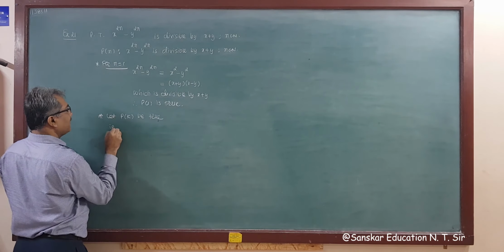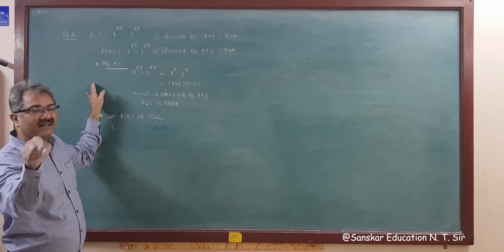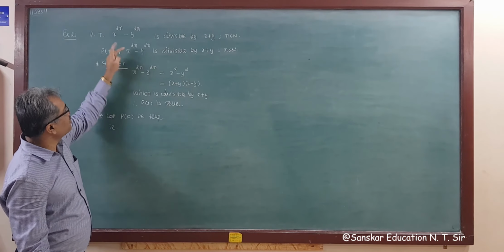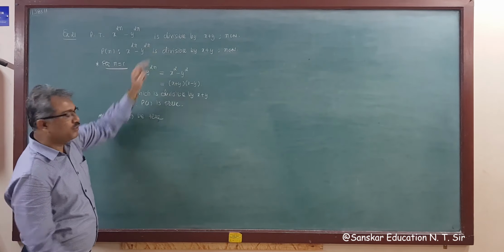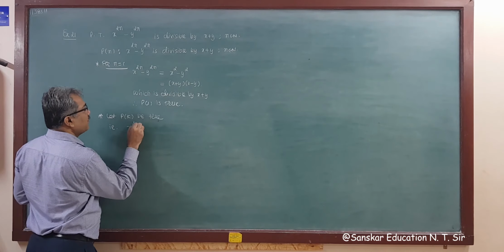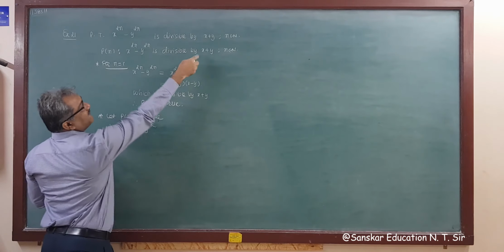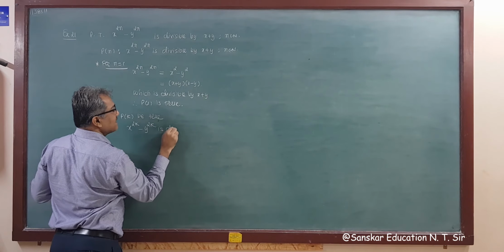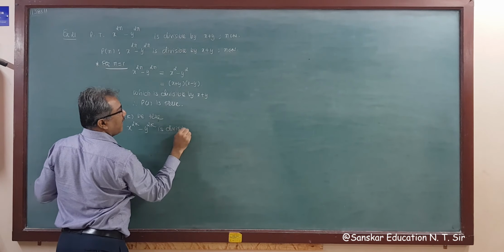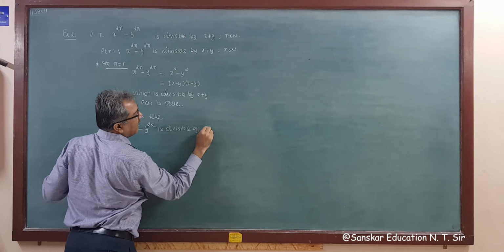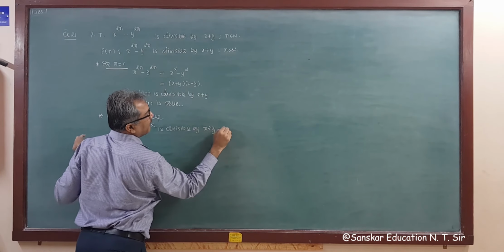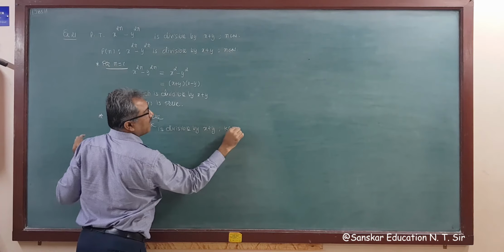That is, I am not writing Pk, directly, x raised to 2k minus y raised to 2k is divisible by x plus y, where k belongs to N.